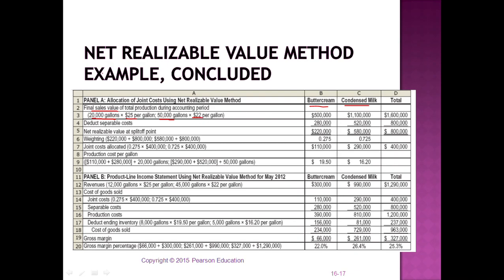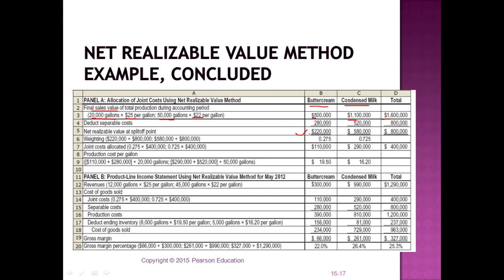So we take the production units and multiply with the sale price. The sales values would be 500,000 and 1,100,000, and the total sales value would be 1,600,000, minus the separable costs as given, 280 and 520. So what we got is the net realizable value, that is 220,000 and 580,000, and a total of 800,000 NRV.